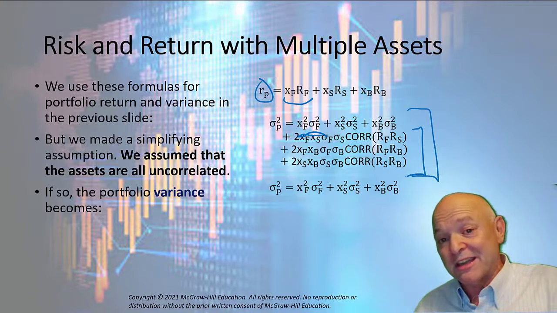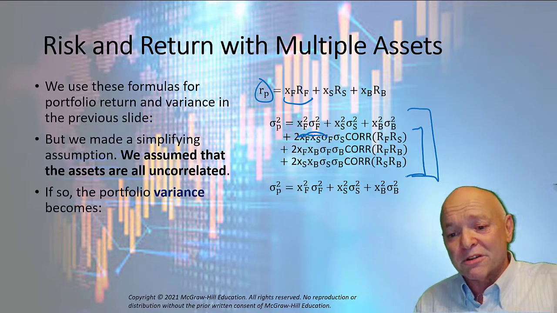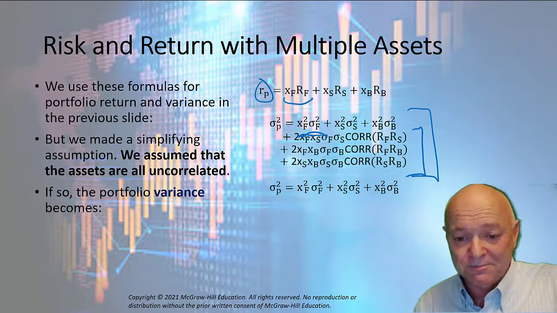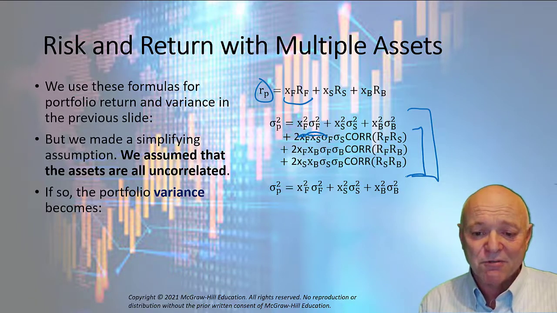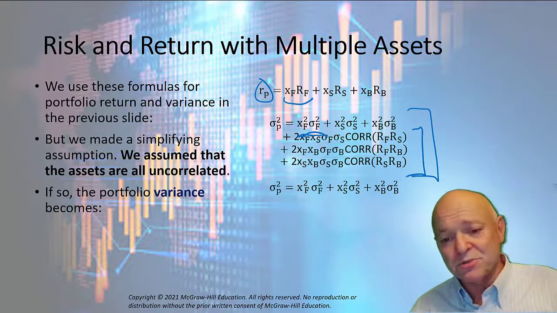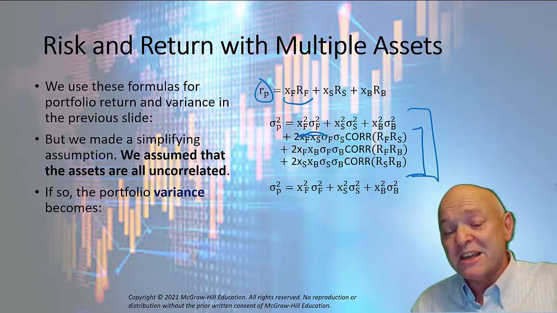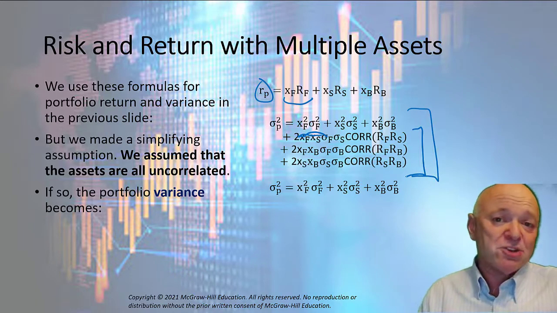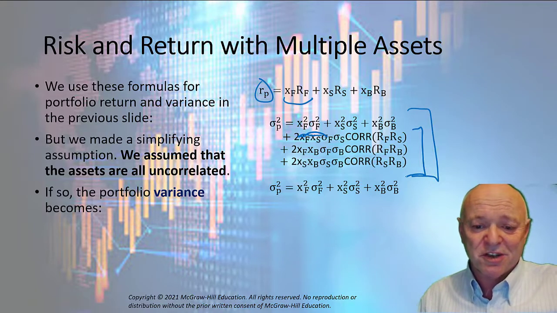So we can calculate that for the foreign stocks and domestic stocks, for the combination of the bonds and the foreign stocks, and then the domestic stocks and the bonds. And so do that for each pair. In this case, it's going to take 3 more calculations. Already pretty messy. Imagine if we added 4 stocks and 5 stocks.